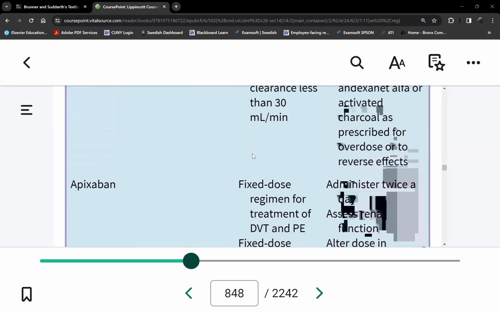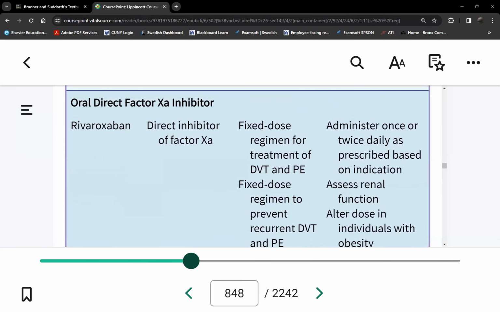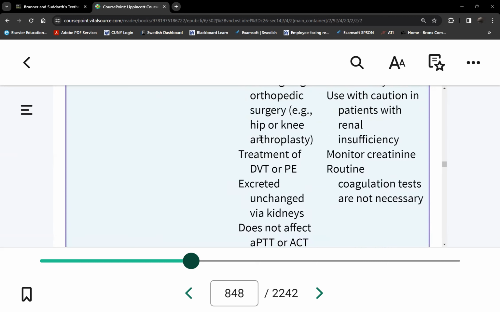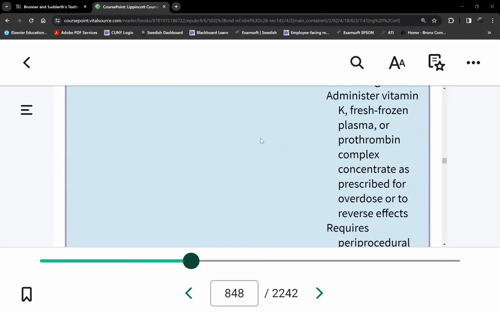All others have no known antidotes. The best thing we can do for them is give them plasma, fresh frozen plasma. If they come in bleeding because of these, the best thing we can do is give them plasma to stop the bleeding. But only dabigatran has a known antidote.